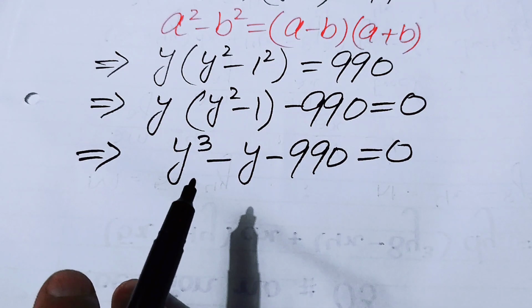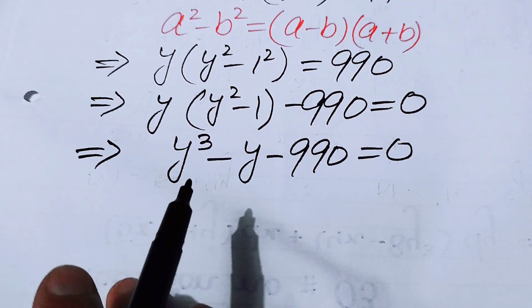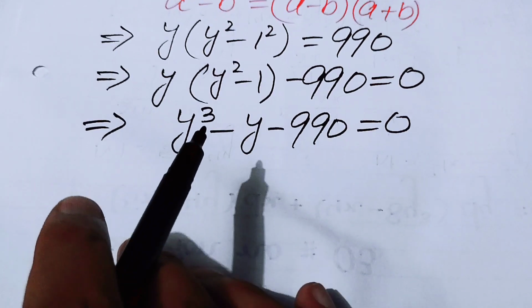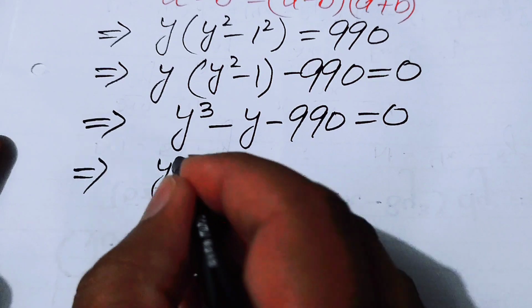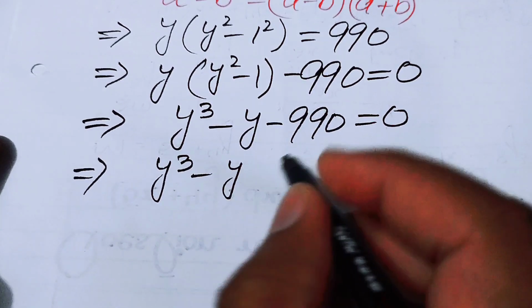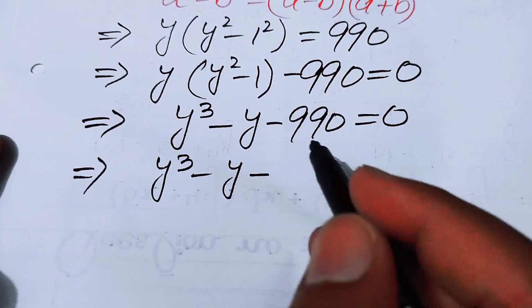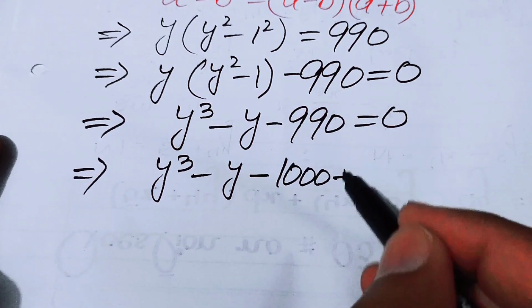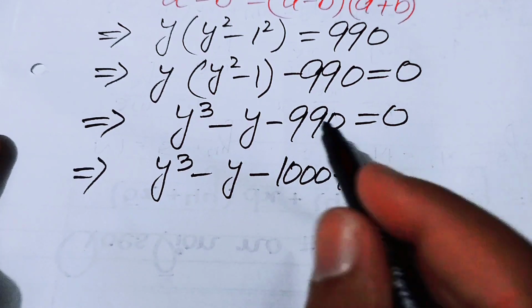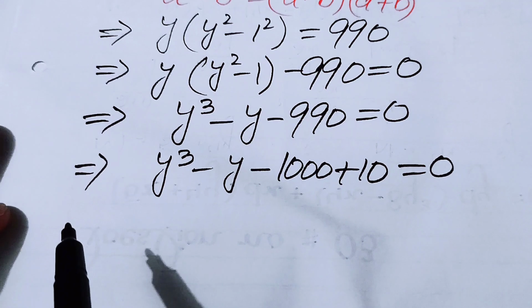After this step we can solve this nice cubic equation. We will rewrite this equation as y cubed - y, and here you have minus 990, which we can write as minus 1000 plus 10, so minus 1000 plus 10 is equal to minus 990, and the whole is equal to 0.